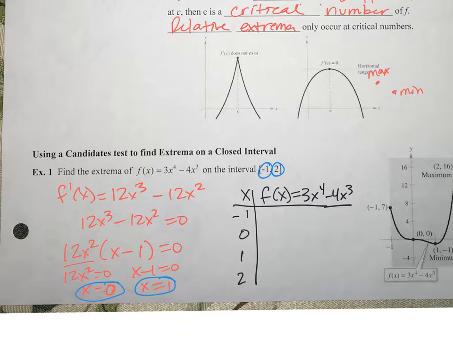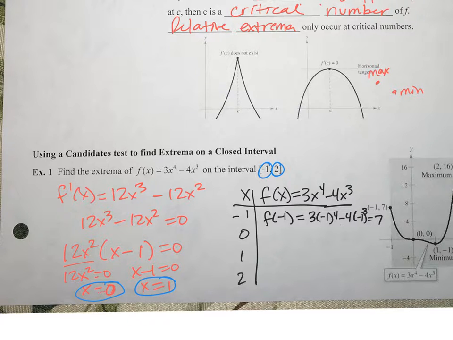Okay, so now what we'll do is evaluate the function at all of those candidates. So when we evaluate f of -1, I'm going to go to my function. Everywhere there's an x, I'm going to put in a -1. So that would be 3 times -1 to the fourth minus 4 times -1 cubed, which is equal to 7.